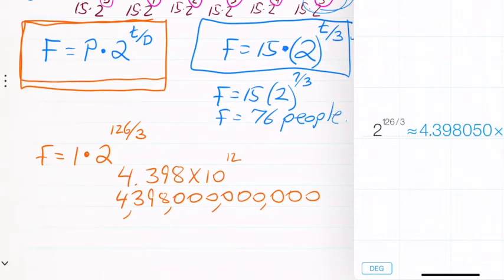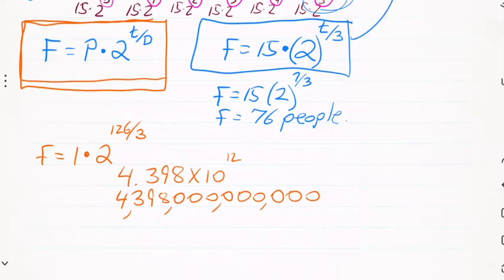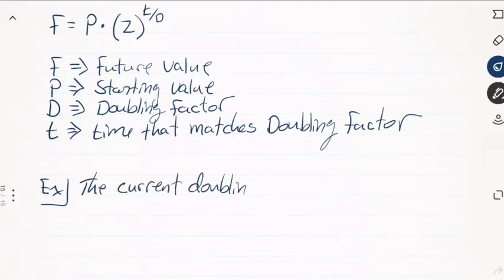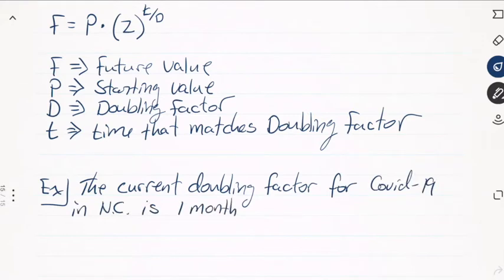You might as well say the entire planet Earth would be infected by the end of the summer. Kind of crazy what a doubling factor will do given enough leeway. And this is why it's really important to have the CDC and the WHO so that we can keep diseases like this under control, because if we let them out of control, bad things are going to happen.